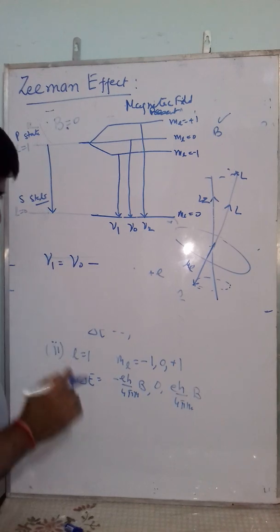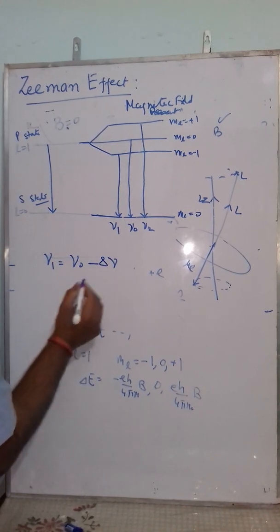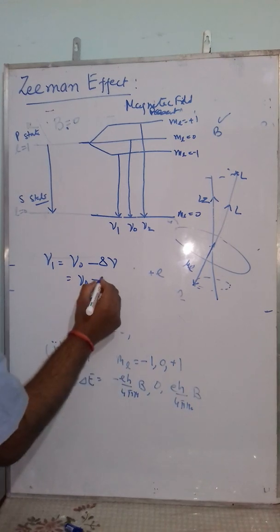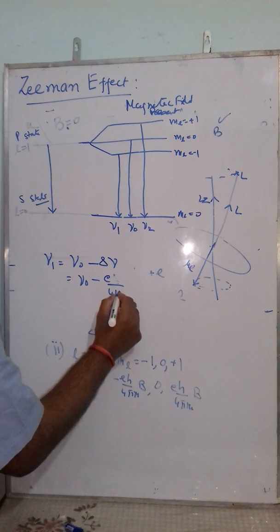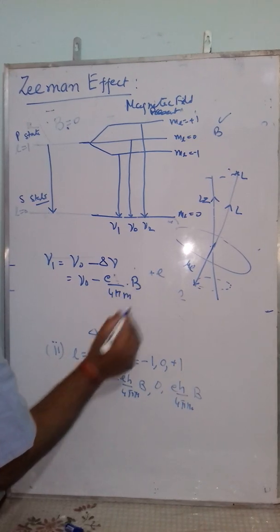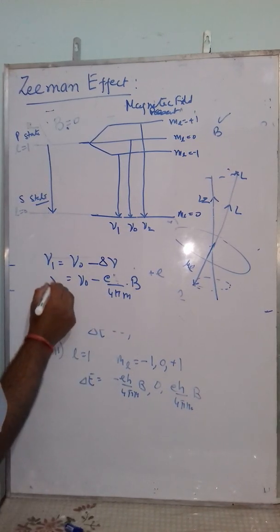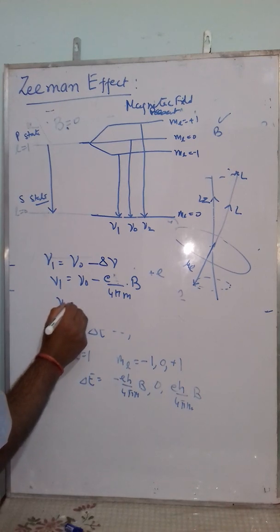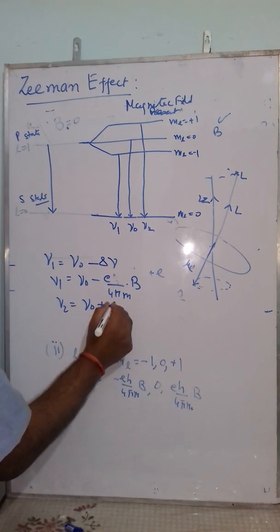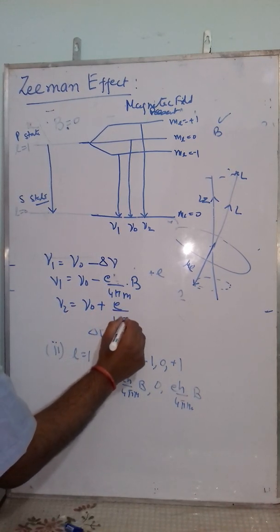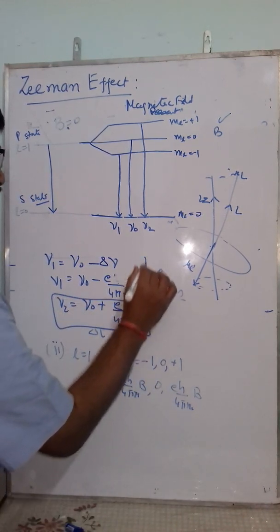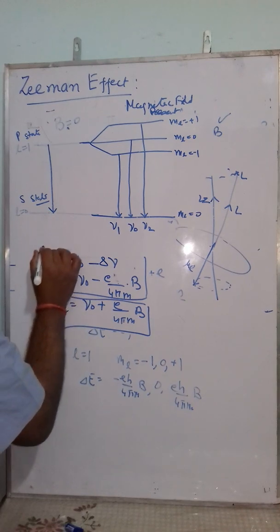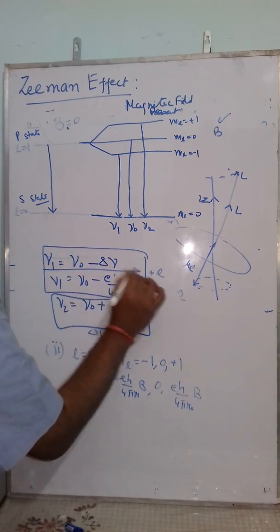So nu1 is equal to nu0 minus delta nu, and delta nu is equal to eB upon 4 pi m. Similarly, nu2 is equal to nu0 plus eB upon 4 pi m. These are the two frequencies obtained, right?